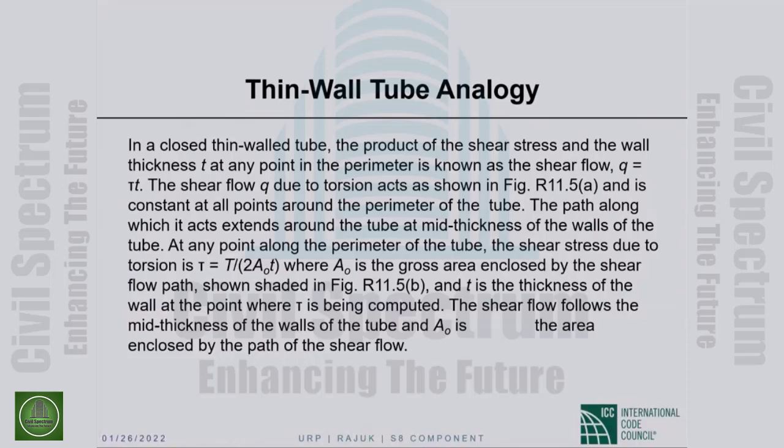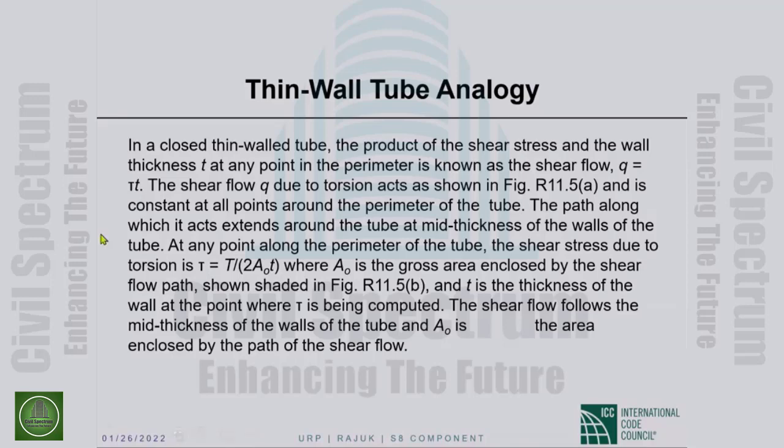At any point along the perimeter of the tube, the shear stress due to torsion is tau equal to T, the torsion causing the stress, divided by 2 A sub 0 times T, where A sub 0 is the gross area enclosed by the shear flow path.